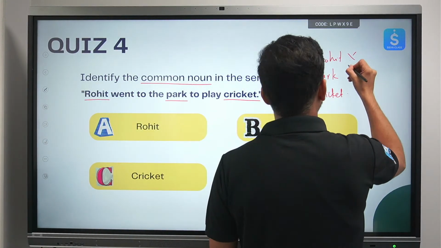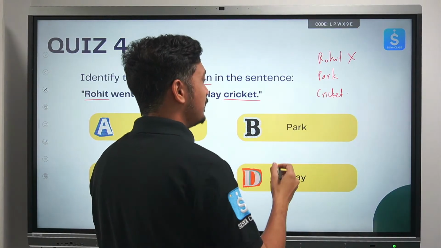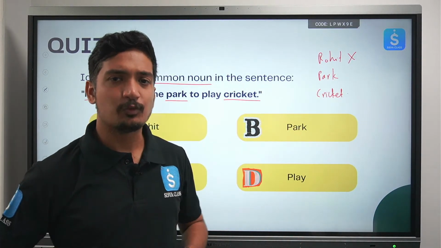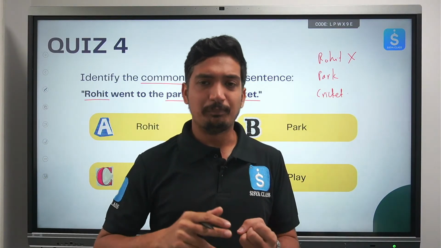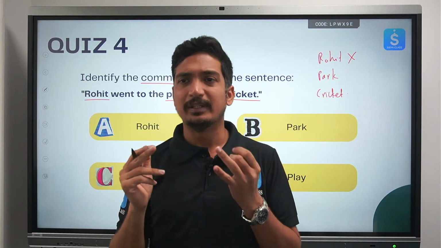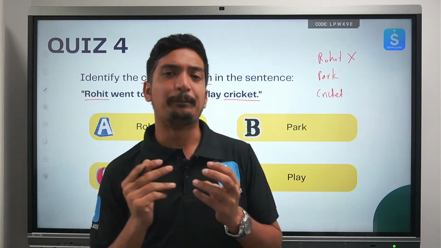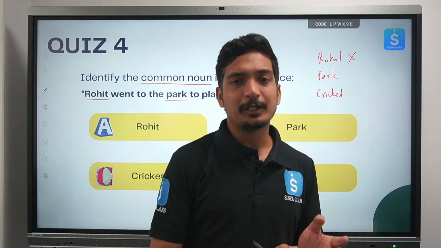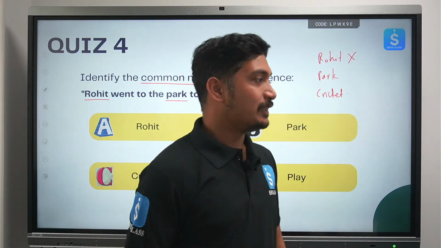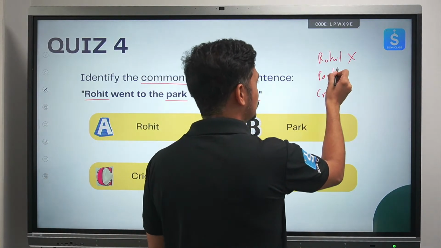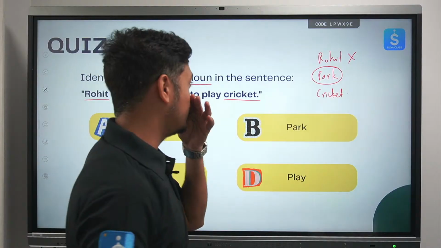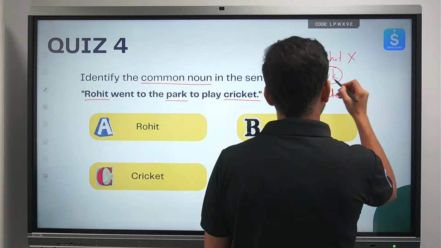Therefore this will not be a common noun. Then we have park, but we don't have any other information about this park, that which park is this, whether it is big park, small park, or whether it is free park or paid park, or whether the name of this park is given like Ambedkar Park or anything else, right? And therefore what we'll say is there is no specific values or information given about this park, and therefore this can be a common noun.